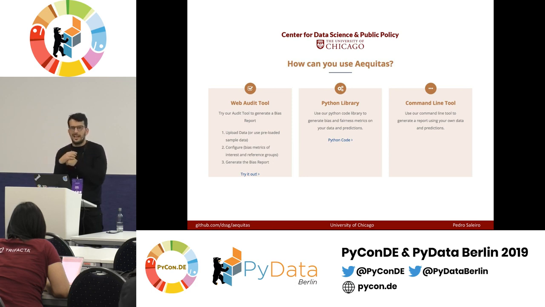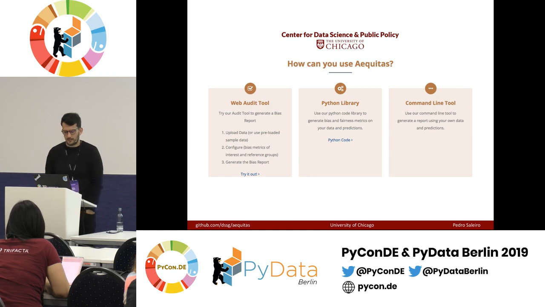And there is also the CLI, which is good for batch. Like you want to audit 1,000 models that you trained, and if you have the predictions and the attributes in a SQL table, you just write a SQL query, and it interfaces with your database, fetches the predictions, and also uploads the results for all these 1,000 or 2,000 models.